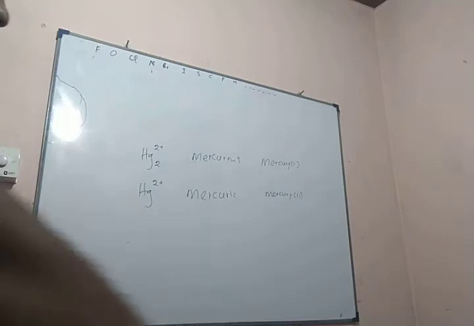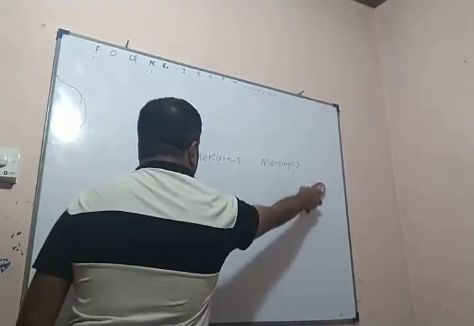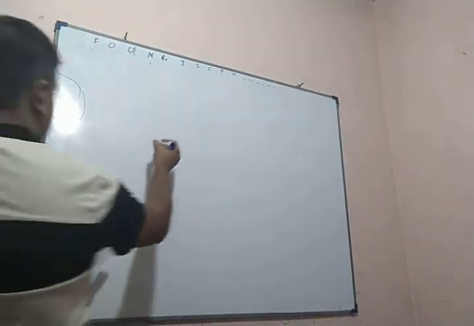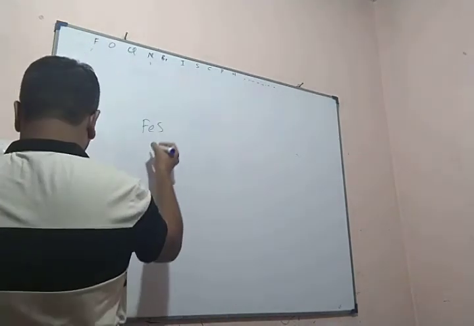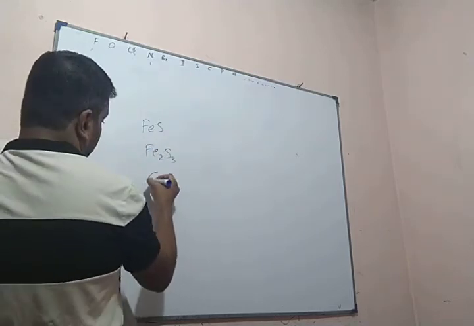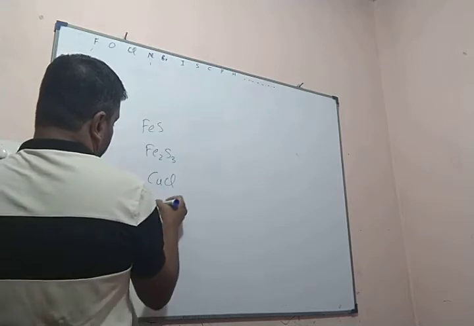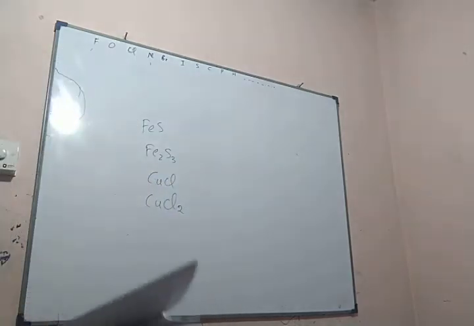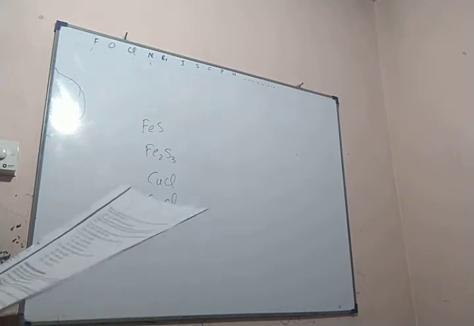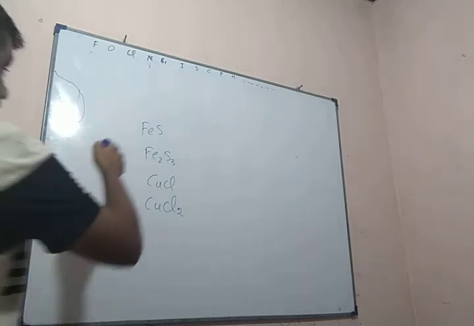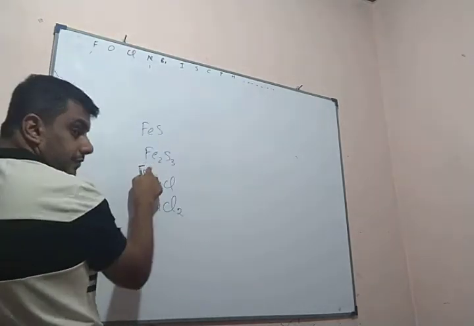Okay, that's it. We'll write the name of some compounds like this: FeS, Fe2S3, CuCl, CuCl2. First we'll write the trivial name. This Fe2 plus, Fe3 plus.